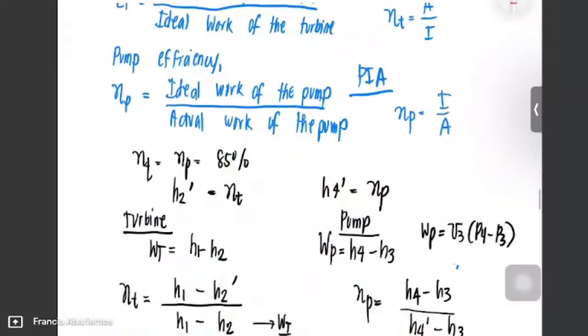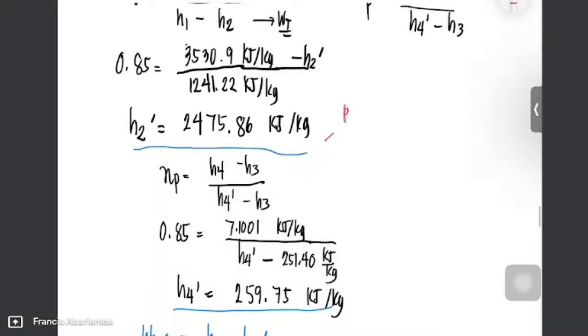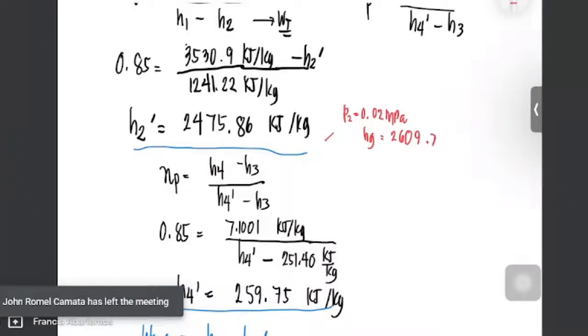Dito na lang. So, punta ka doon sa same pressure at point 2, 0.02 MPa. Tingnan mo yung Hg doon. Na, yun na page. Saturated, 0.02. Page 8. Yung Hg natin is 2609.7 kilojoule per kilogram.